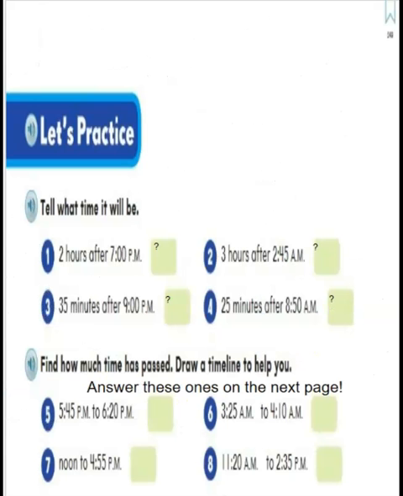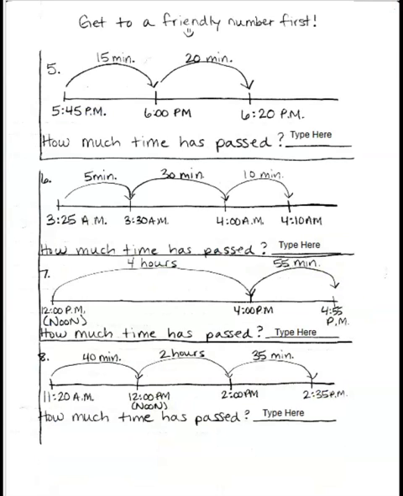And then number 8, 11:20 a.m. to 2:35 p.m. So let's look at this one. We're starting here at 11:20 a.m. and we can get all the way to noon or 12 o'clock p.m. That's a nice friendly time. So from 11:20 to noon or 12 o'clock would be 40 minutes. So we're now at 12 o'clock, and we know we're trying to get to 2:35.